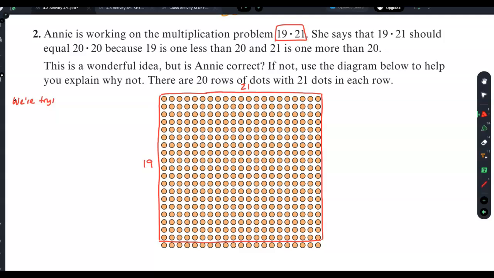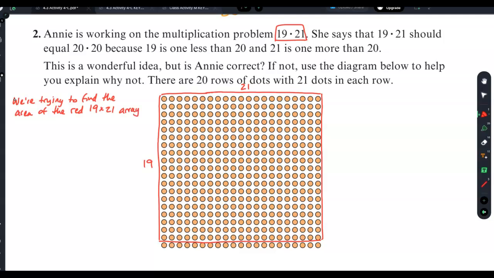We're trying to find the area of the red 19 by 21 array.